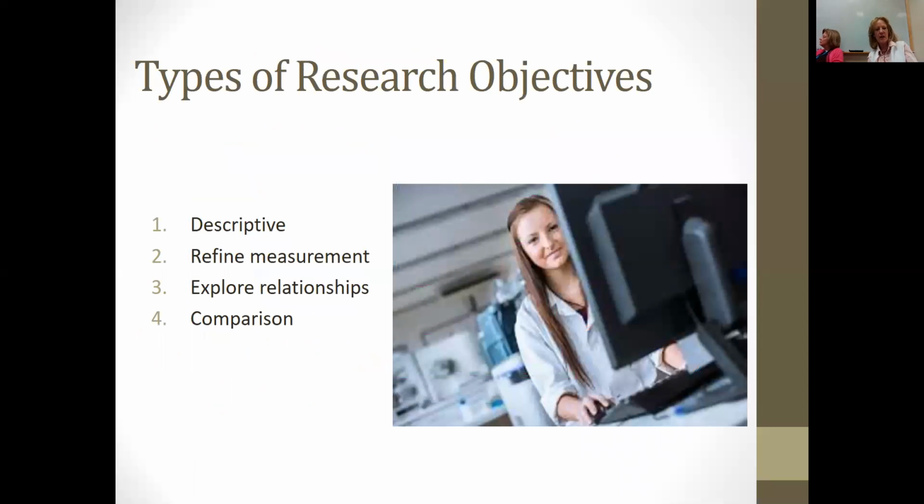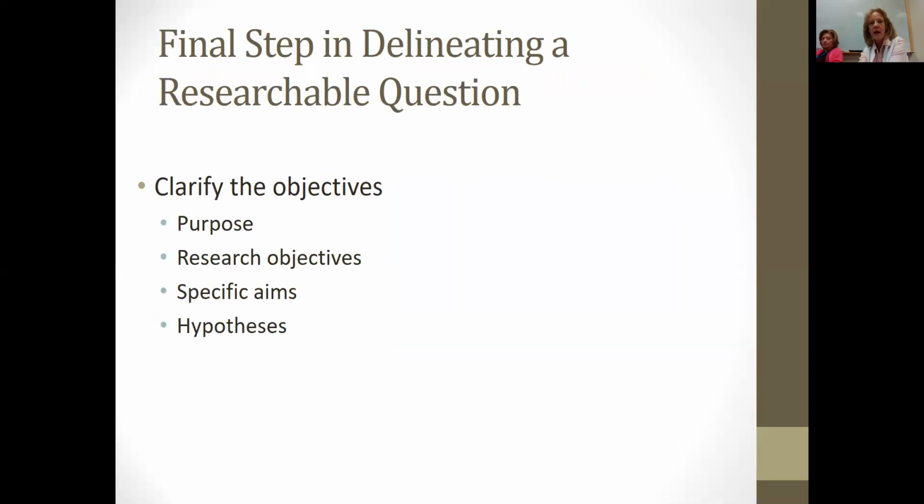So we've already talked about the types of research objectives. It could be to describe something, to refine measurement of something, to explore relationship, compare groups. And so your final steps in outlining your researchable question, you're going to clarify the objectives, you're going to tell us what the purpose is, and you're going to give us specific aims and a hypothesis.